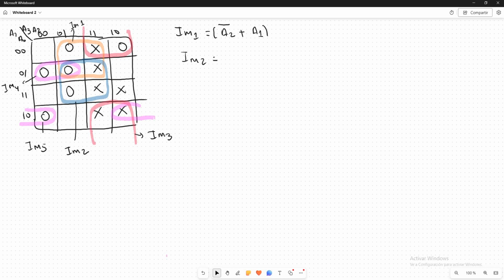Implicate 2 involves a3 plus a0. You can see a3 and a0 because they are the variables that don't change. a3 is 1, so it has to be negated, and a0 is 0, so it's not negated.